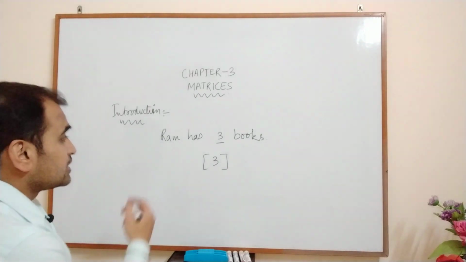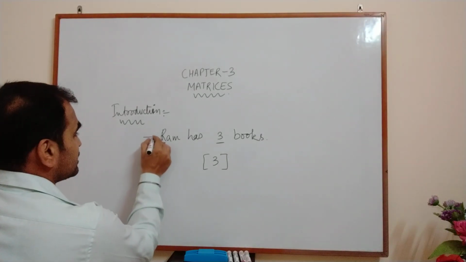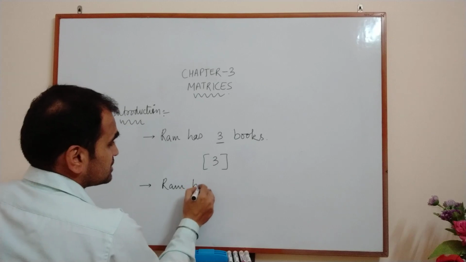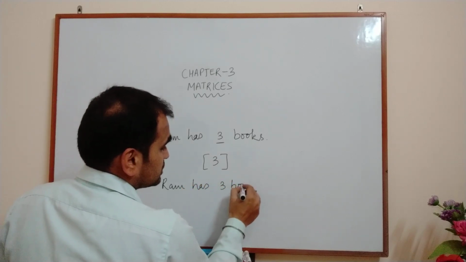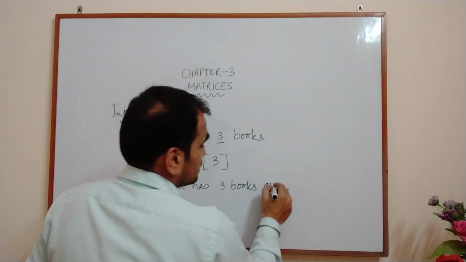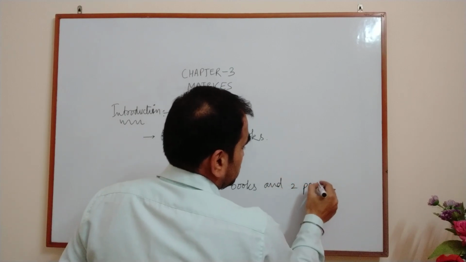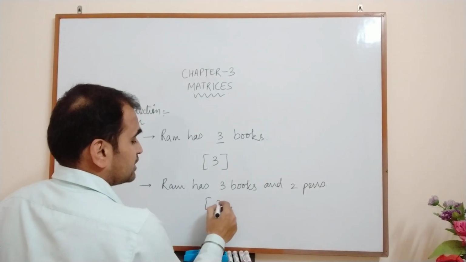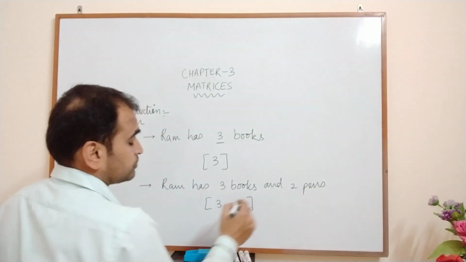That's it. Maybe the next example, if you take, now we have Ram has 3 books and 2 pens. So now this information can be stored in this way, 3 and 2.